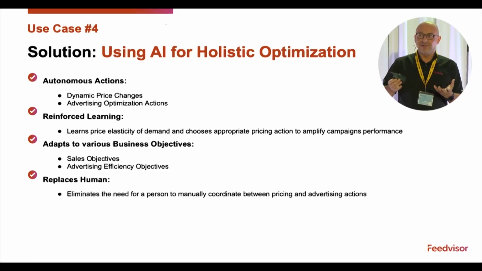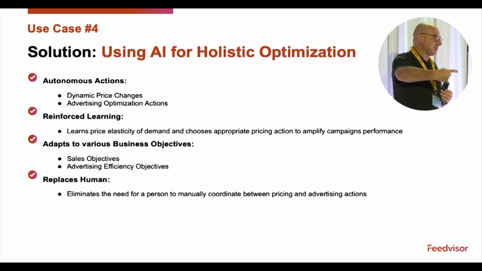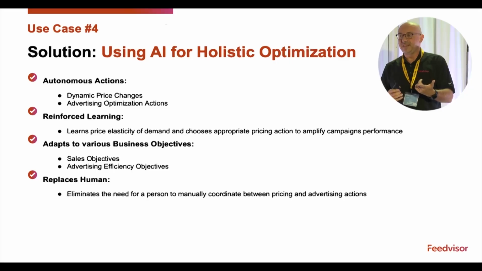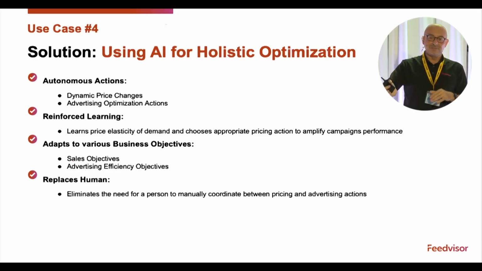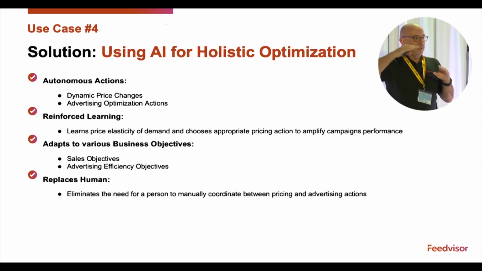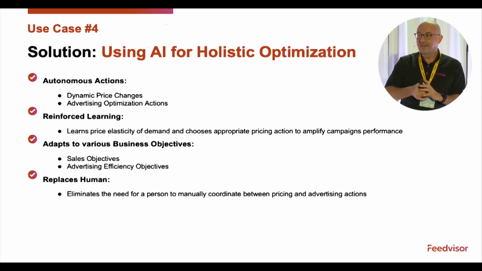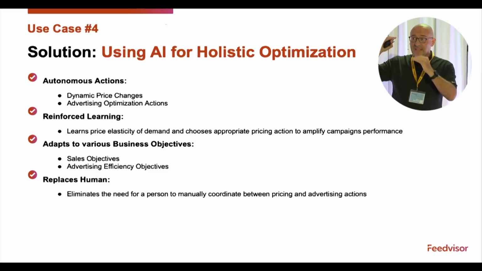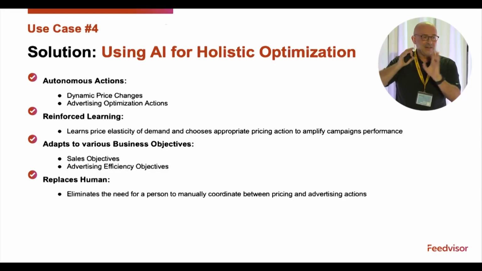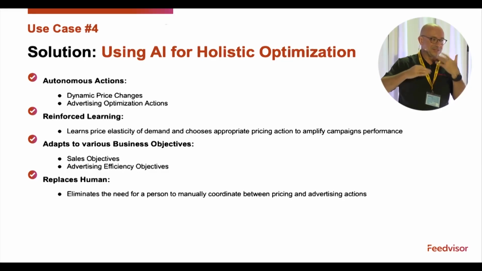So first of all, it happens through the reinforced learning. What's learning here? It learns the elasticity of demand that we spoke on the pricing side, but that elasticity of demand helps us to align better with the advertising spend.